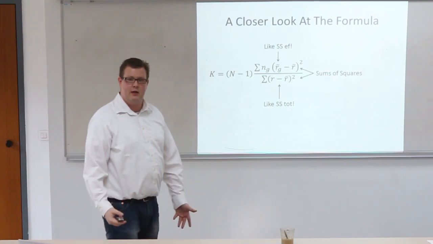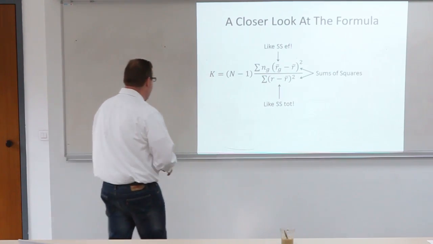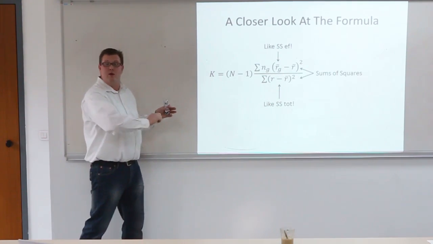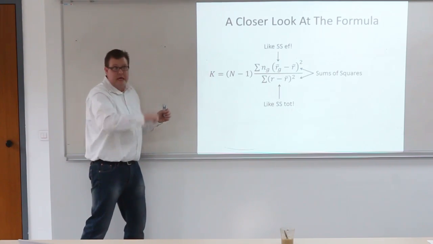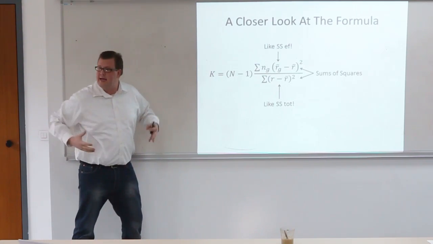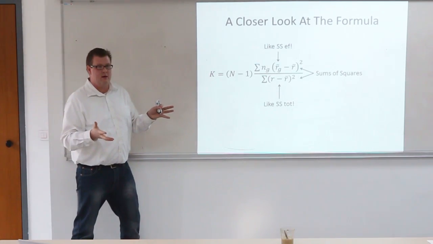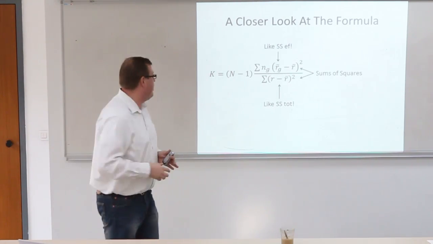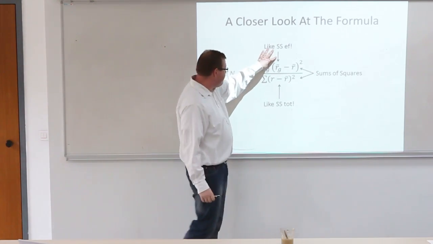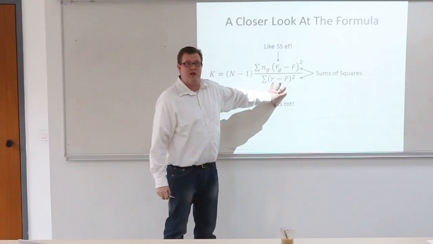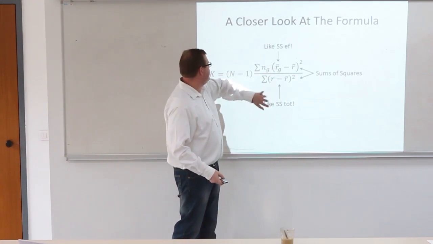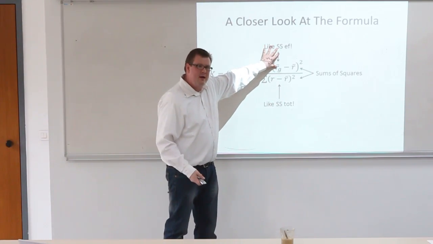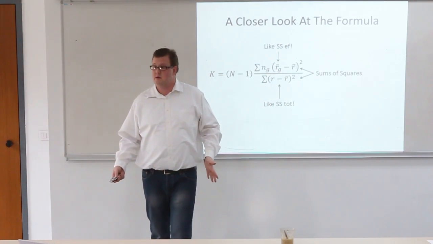Yes, that's exactly right. So when we wanted to get the total sum of squares, we just subtracted the grand mean from each of the scores that we had and added that whole thing up, right? So that was the sum of squares for the total. So unlike the ANOVA where we had the sum of squares of the effect divided by the sum of squares for error, here we have something that's like the sum of squares for the effect divided by the total sum of squares.